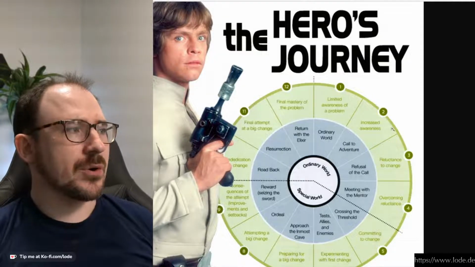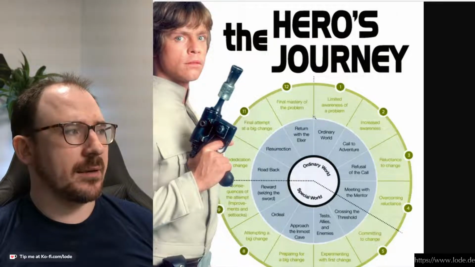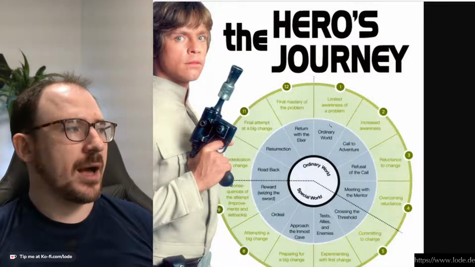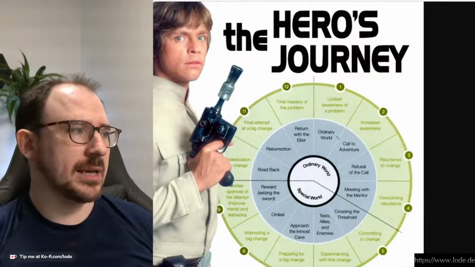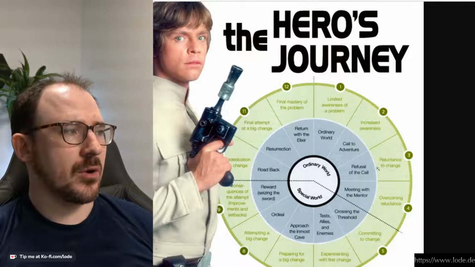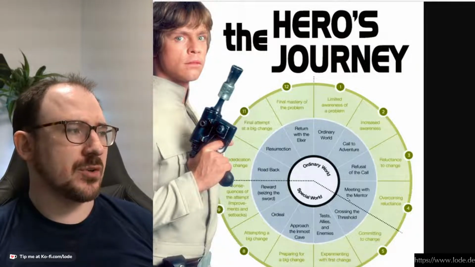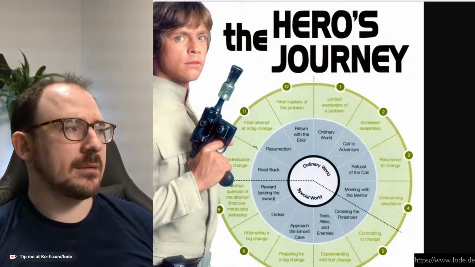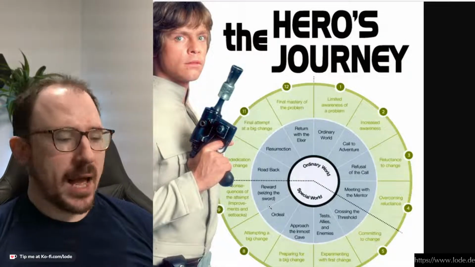So as you see, we as a third person, as a watcher of the movie, are introduced into the world slowly: the daily work, then a call to adventure, meeting with the mentor, more explanation, and we learn more and more about the world until we know enough to understand the inner workings of the character, why he's doing this, why he's doing that.